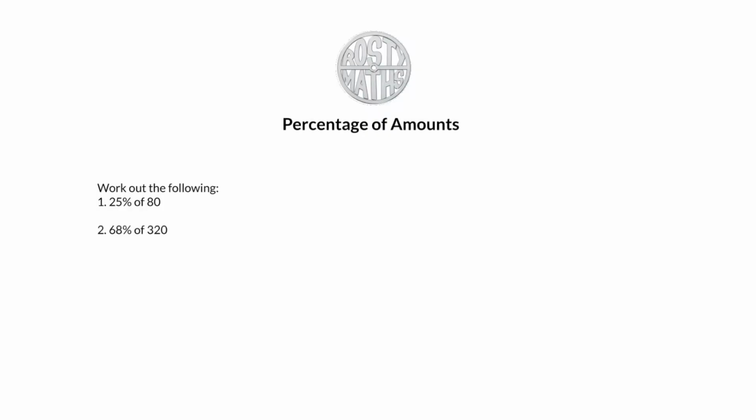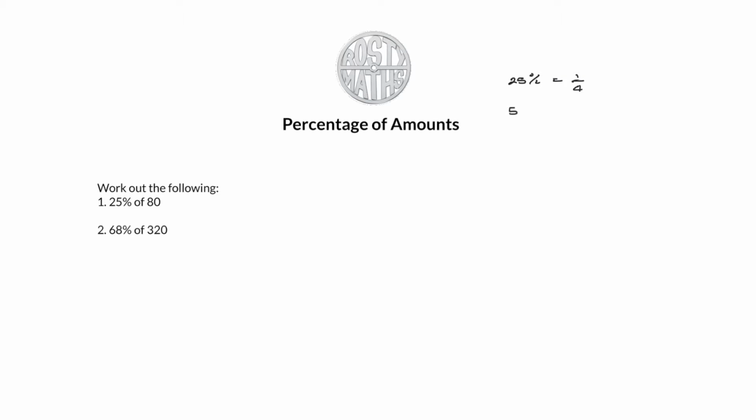Anyway, without any further ado, we've got to find some percentage of amounts. So let's go. When finding percentage of amounts, there are certain things that you're expected to know. There are some basic percentages, like you're expected to know that 25% is the same as finding a quarter of something. Let's write that properly. Quarter.